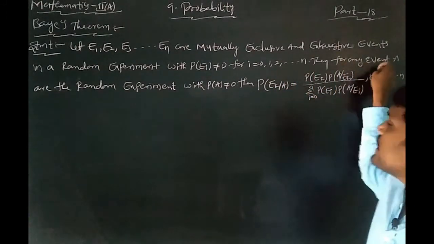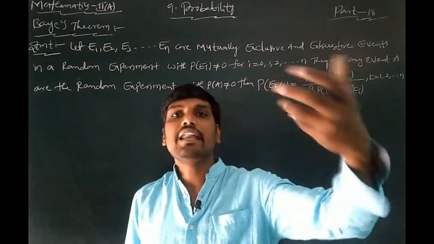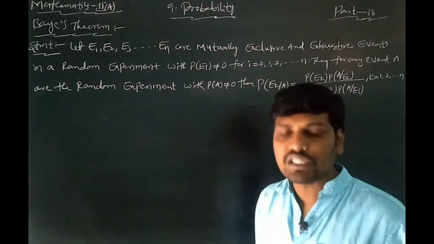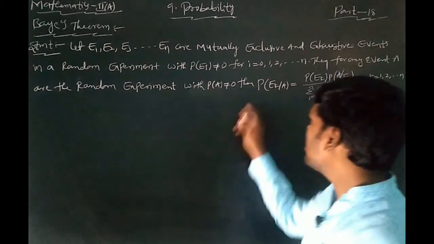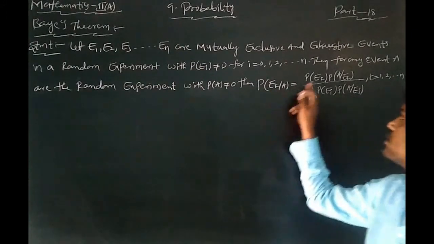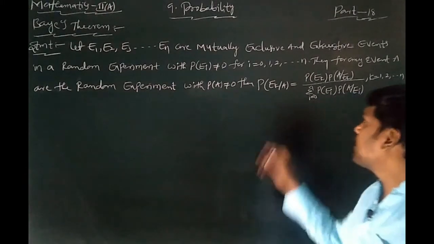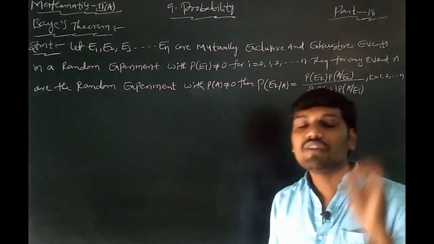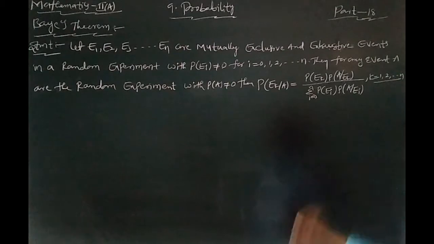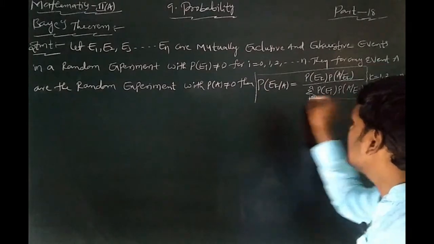Then for any event A in this random experiment, with P of A not equal to 0, P of Ek given A is equal to P of Ek into P of A given Ek, divided by the summation over i equal to 1 to n of P of Ei into P of A given Ei. Here k value is 1, 2, 3, and so on. This is the Bayes theorem formula.